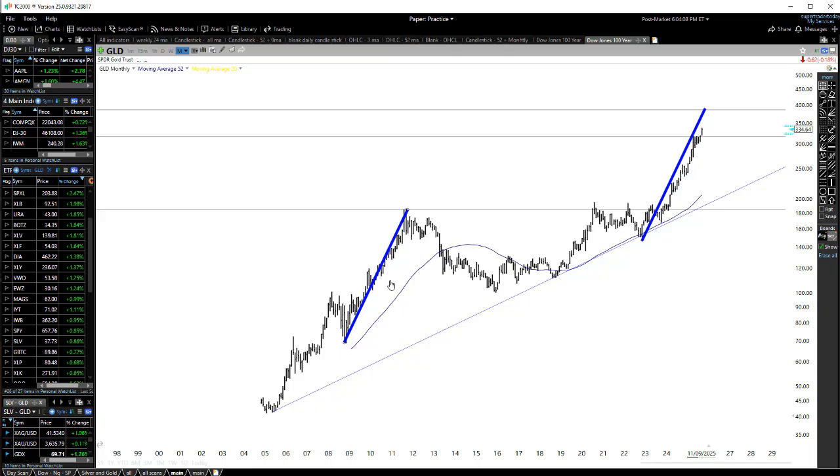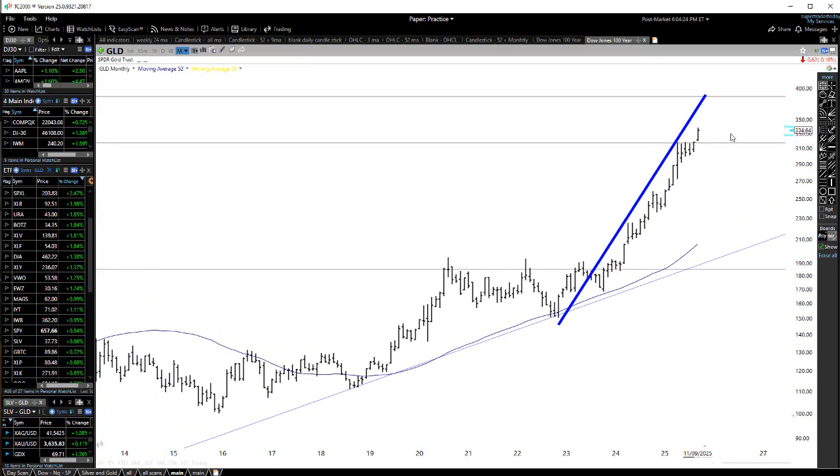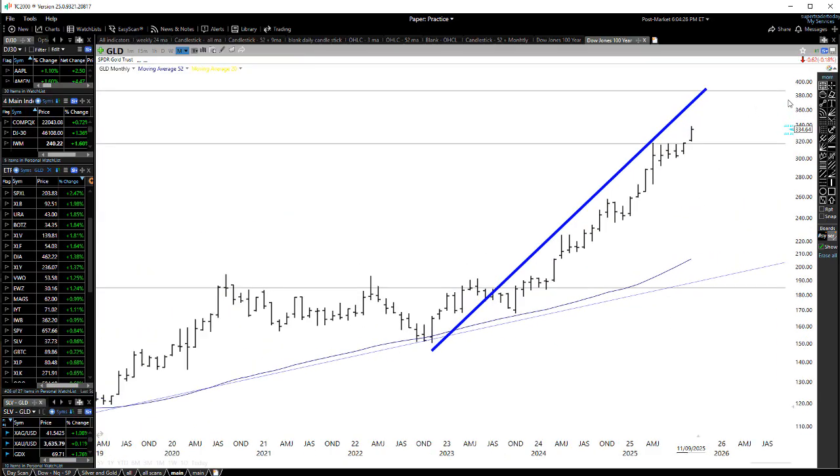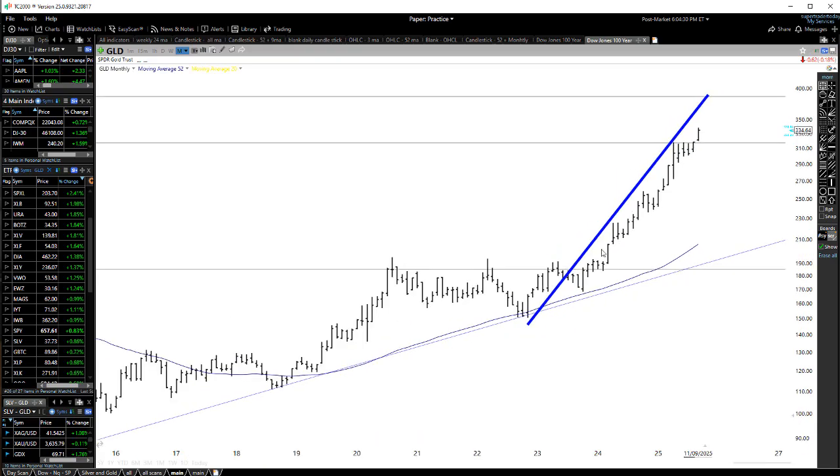And all I did is I just grabbed the exact same length in movement. So if history repeats itself, then we may be getting ready for a potential 380 target on the monthly charts, as you can see there. So we can see them moving up through here. And the really awesome thing about this is this.